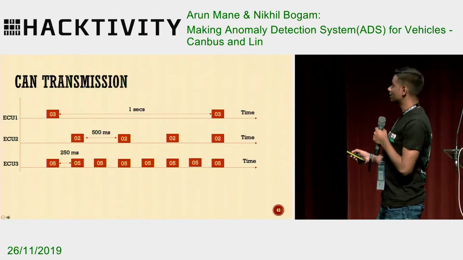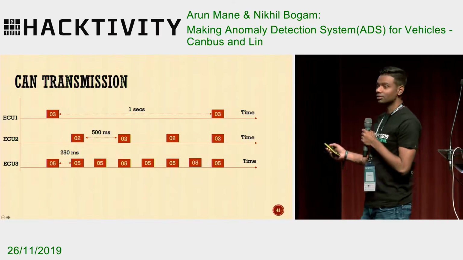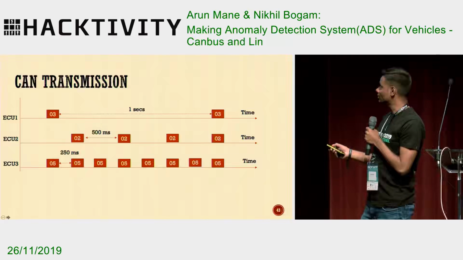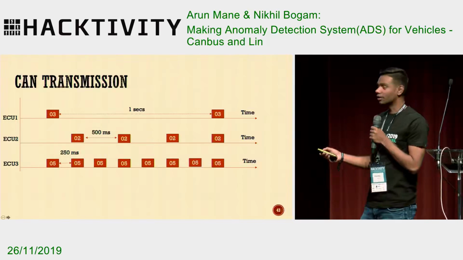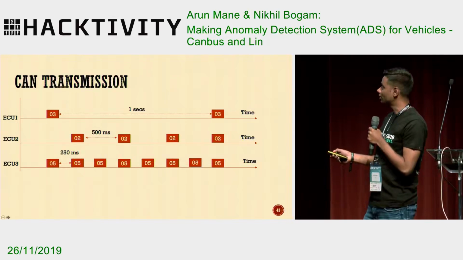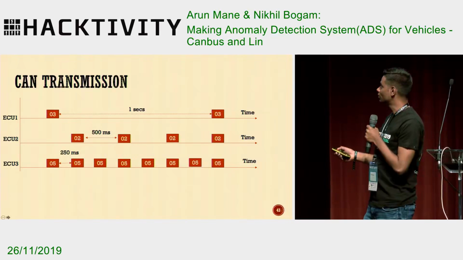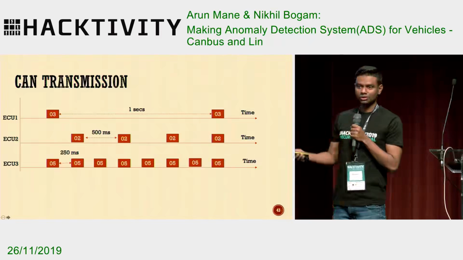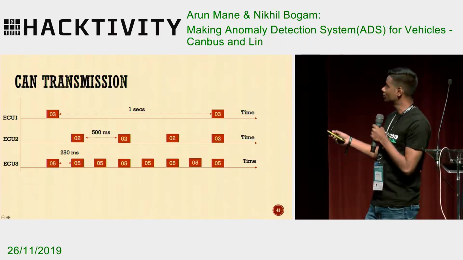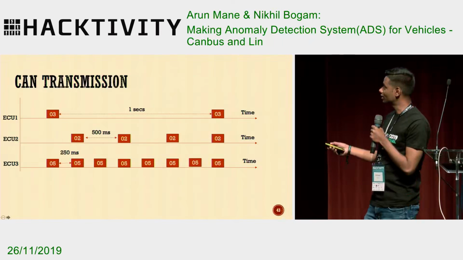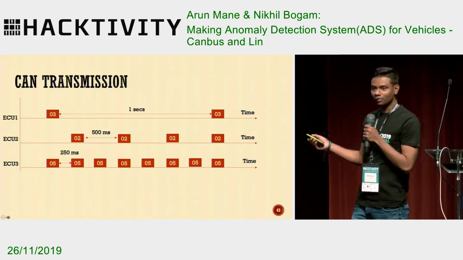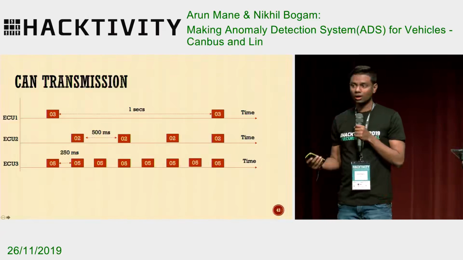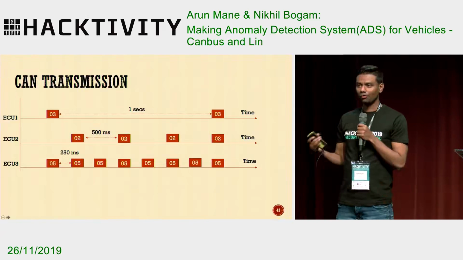So ECU1 is sending a message with an interval of 1 second, ECU2 is sending a message with an interval of 500 milliseconds, and ECU3 is sending a message with 250 milliseconds. This is generally how CAN transmission is done. Whenever there is a collision, for example if packets 03 and 05 collide, there is a resolution without impacting the packet format.